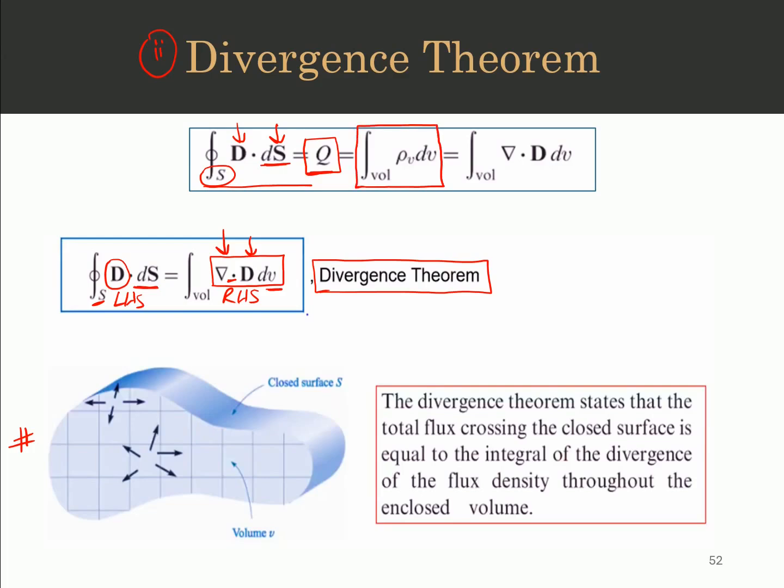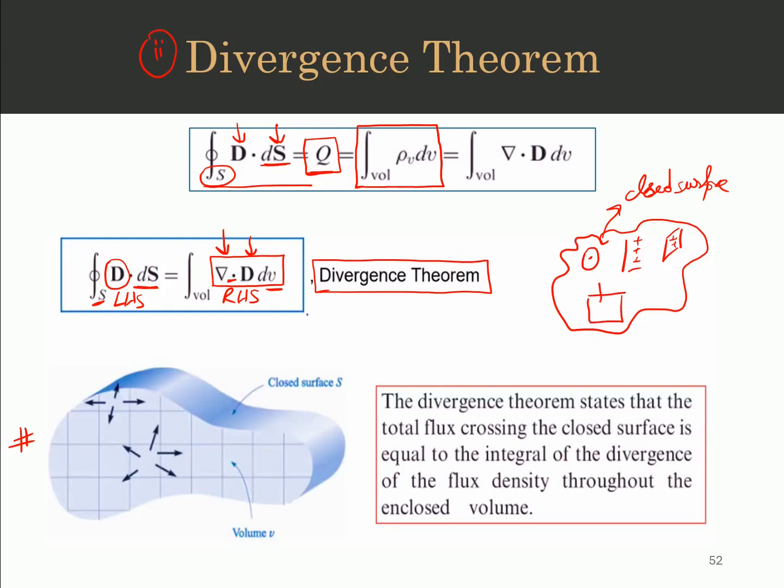What does it mean? We have previously seen that if we have any closed arbitrary surface, and we have a point charge in this surface, a line charge in this surface, even a sheet charge, these all three charges can be represented by a volume charge enclosed form as well.